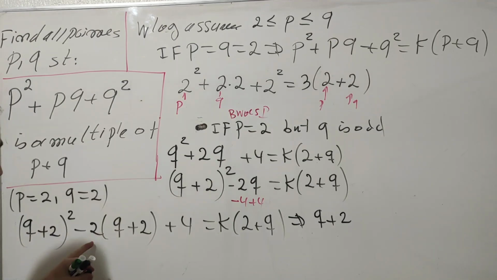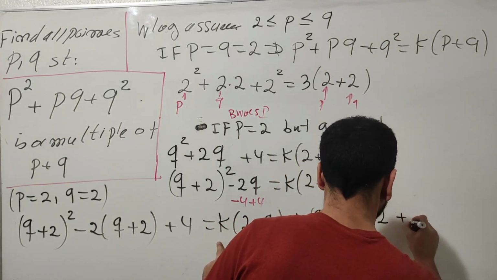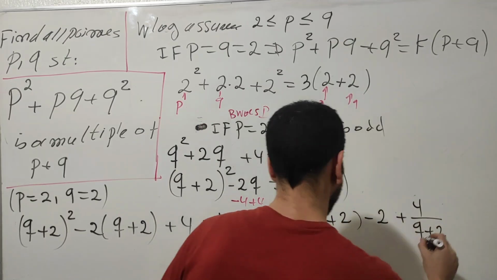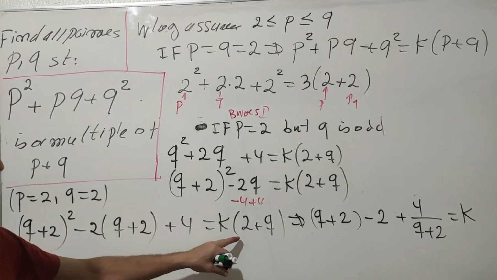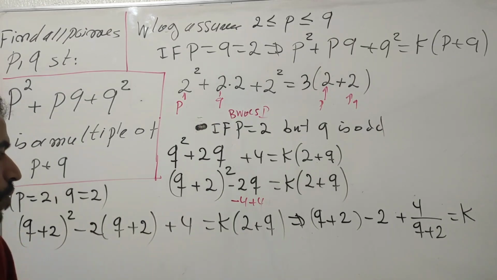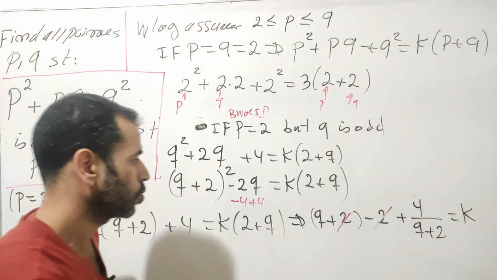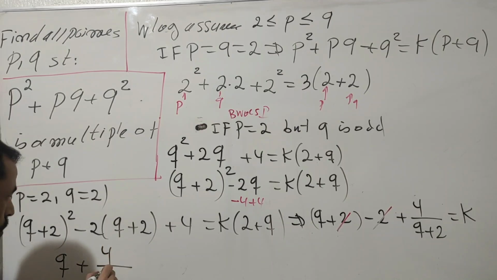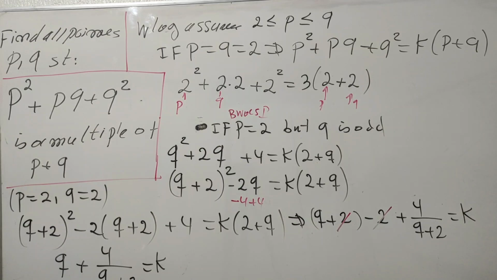This one becomes simpler, minus number 2 here, plus number 4 divided by q plus 2, which equals k after you simplify it, after dividing by 2 plus q, okay? So we get cancelled out this number 2, which means I get q plus 4 all divided by q plus 2, which equals k, okay?